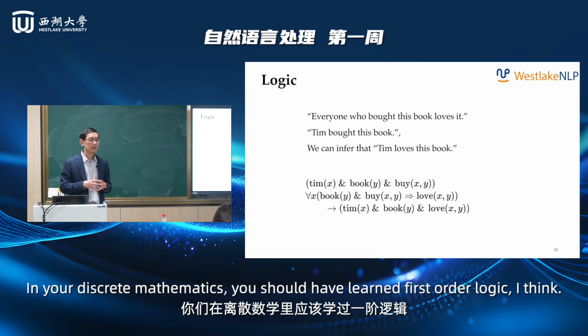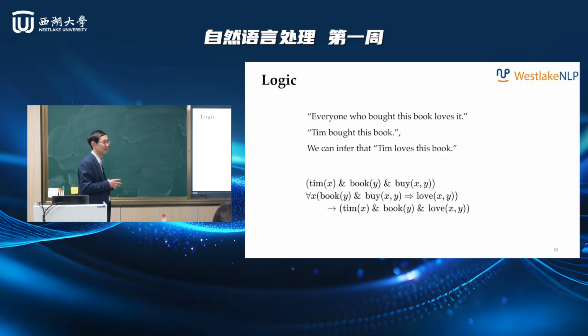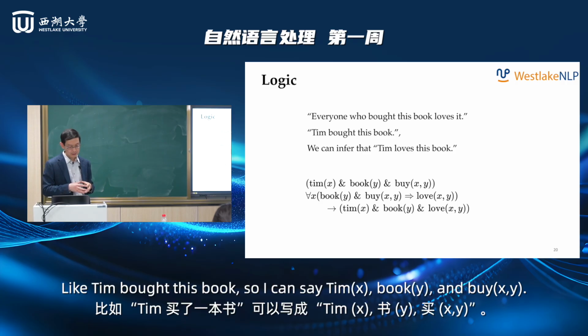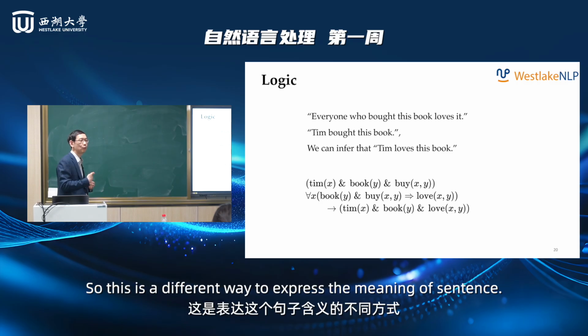In your discrete mathematics, you should have learned first order logic, I think, right? So you can use first order logic to express this. Like Tim bought this book. So I can say Tim X, book Y, and buy XY. All right? So this is a different way to express the meaning of a sentence.